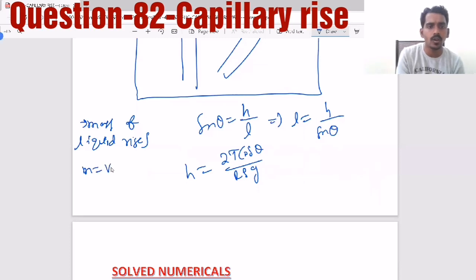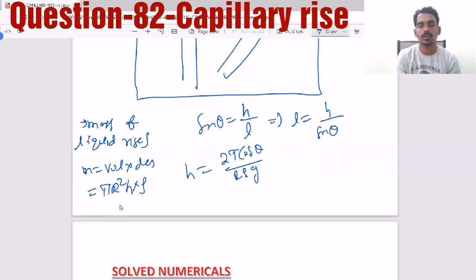then mass equals volume into density. Volume means cylindrical shape, so pi r square h into density rho. If you substitute the h value, you will get the answer. This is how they can ask.